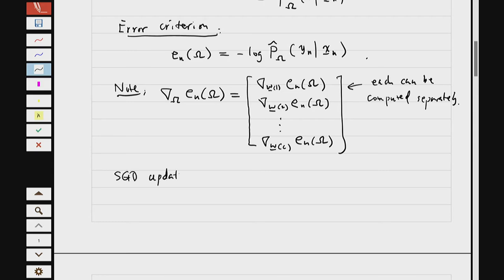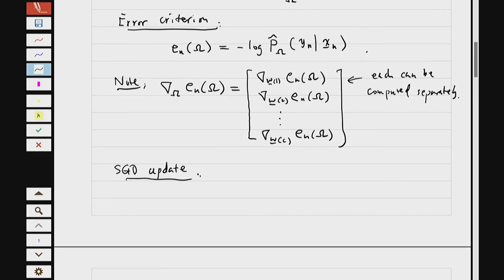Let's just write the SGD; the full GD will be a trivial modification. For iteration t, omega_t will be equal to, of course, w_1^t up to w_C^t.